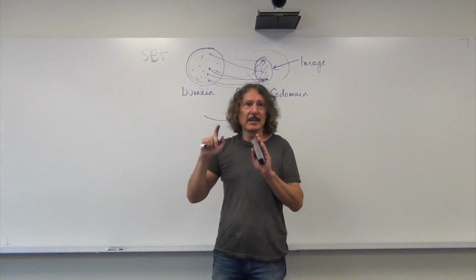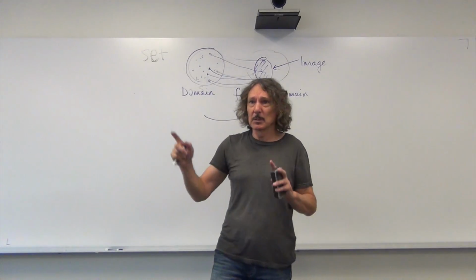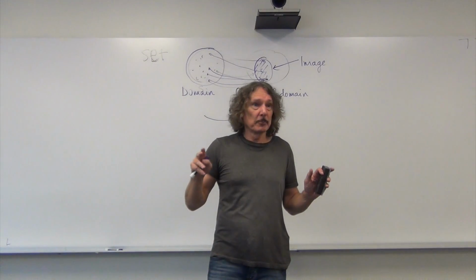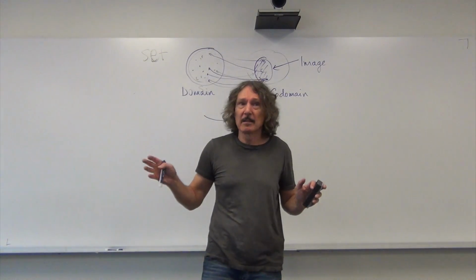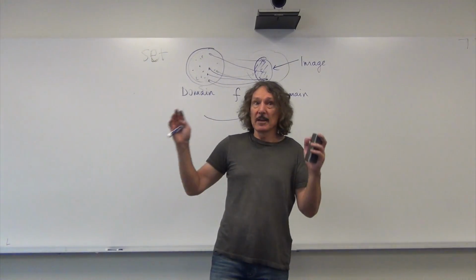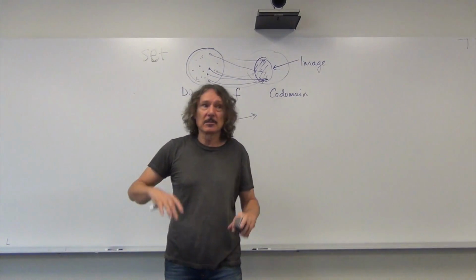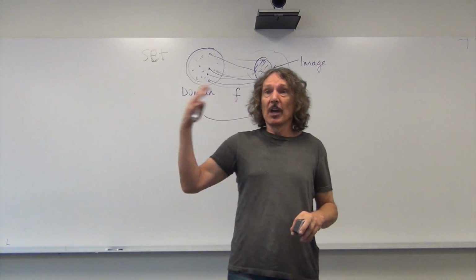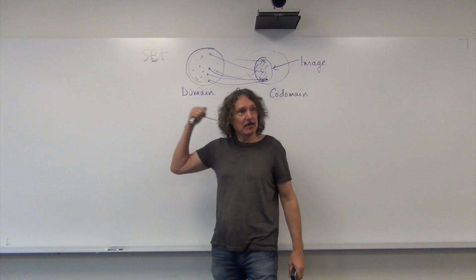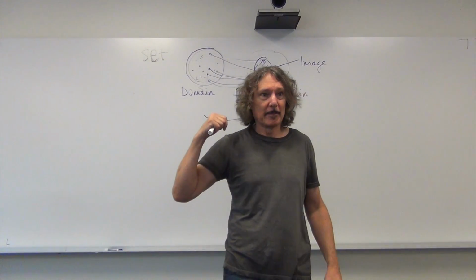And this is not only an intuition about functions, because later we'll see that in category theory we have all kinds of other mappings. We have mappings between categories called functors. We have mappings between functors, which are called natural transformations, and so on. All these mappings have the same kind of directionality.